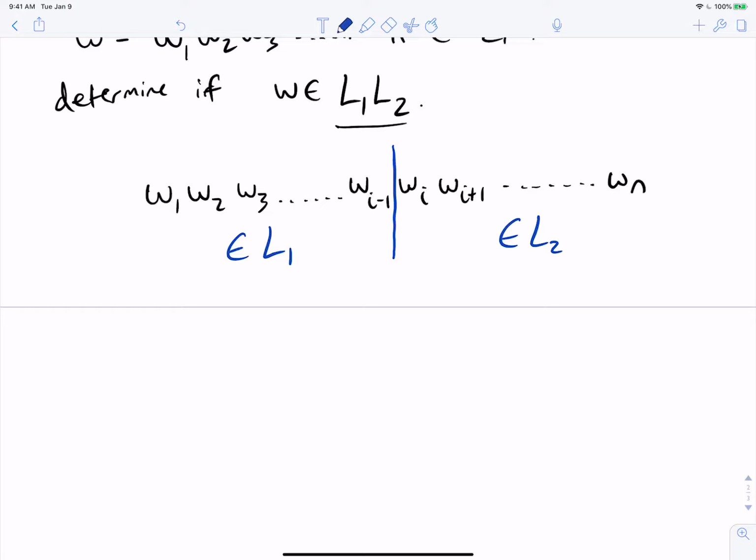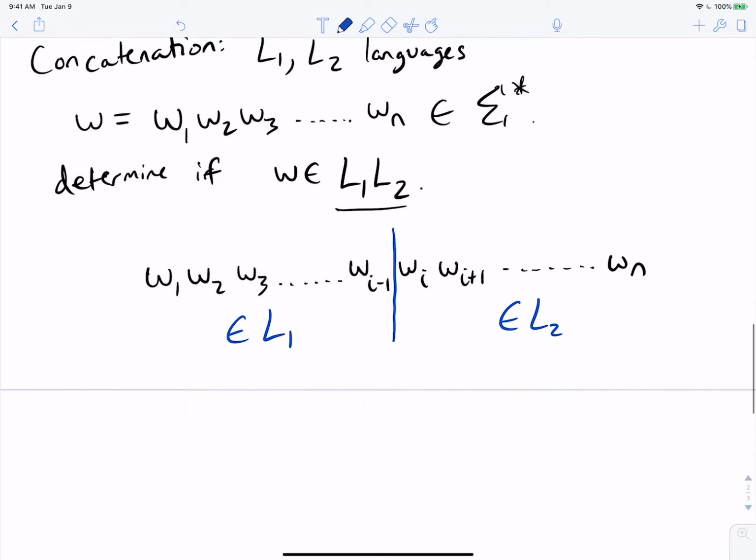Because of that, we will show through that roundabout way that regular languages are closed under concatenation. Okay? Unless there are questions about this, we can move on.